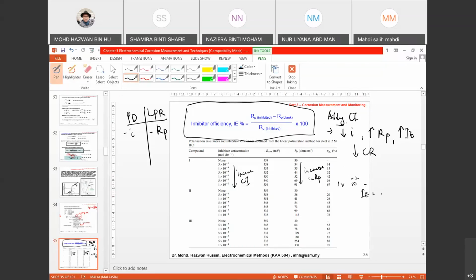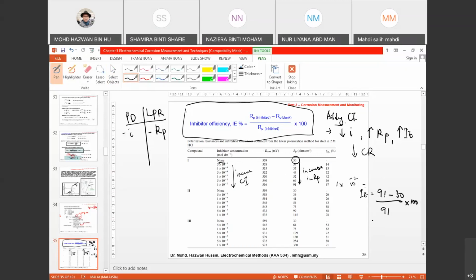The IE value can be calculated as 91 minus 30, because 30 is without the presence of inhibitor, divided by 91 multiplied by 100. So you'll get a value of 97%. The rest should follow the same thing. This is the observation that you will get if you do linear polarization measurement and want to calculate inhibition efficiency based on linear polarization data.